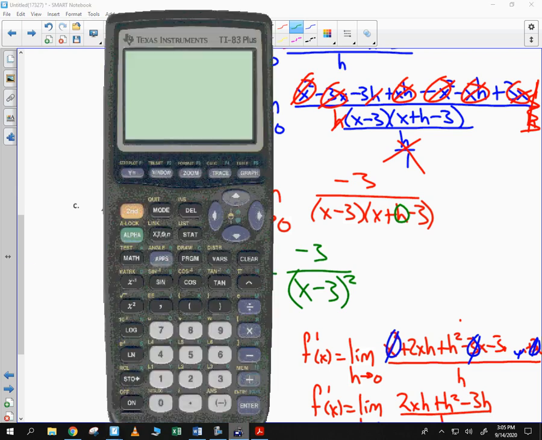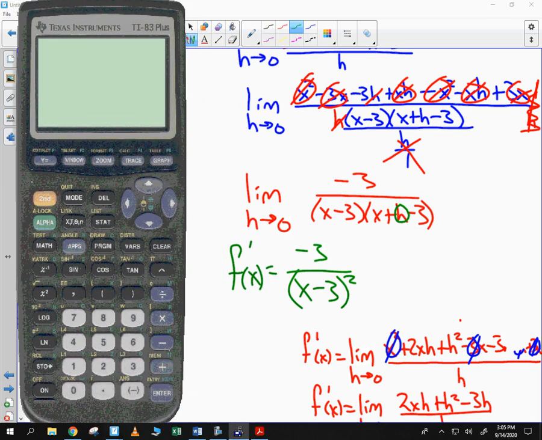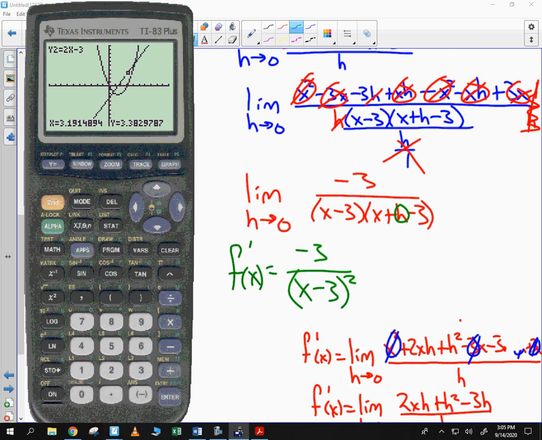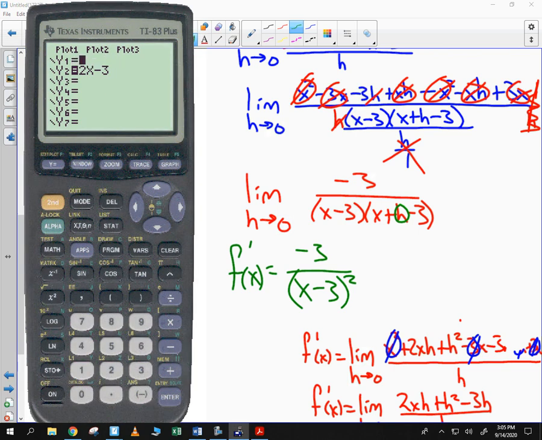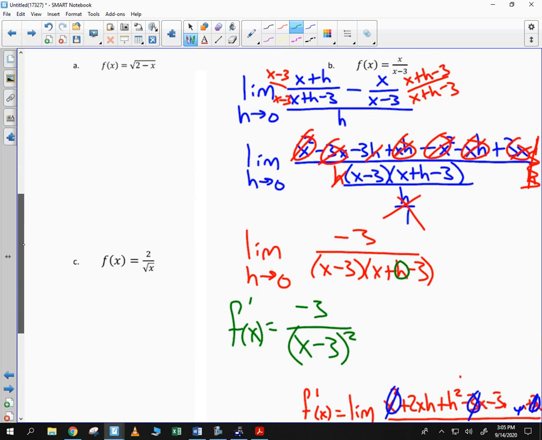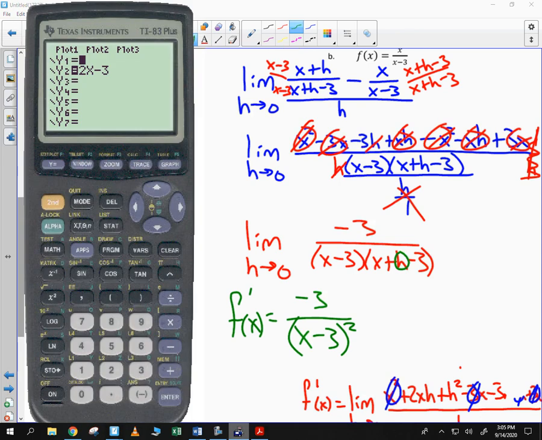Now, what I think is really cool in these situations is if you were to consider the graph, our original function is x over x minus 3. And if you look at the original graph, notice how the graph is discontinuous at 3.